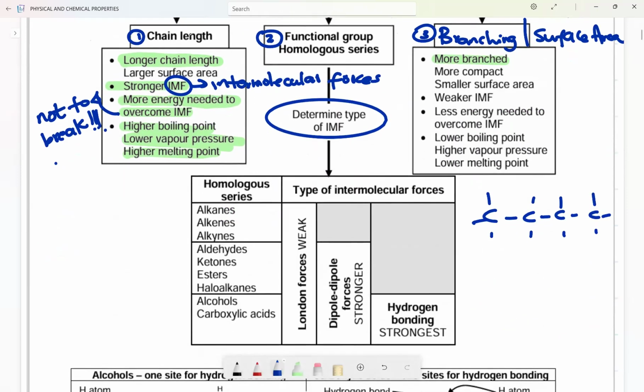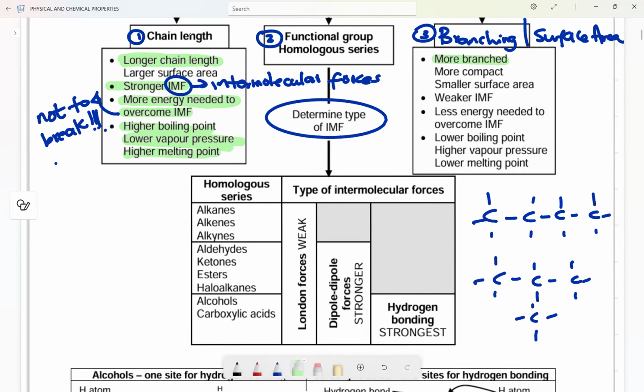If I take one carbon here and form a branch like this, what is happening to the length of this one? Can you see the length becomes smaller? So it affects our surface area, because if our chain length is longer, we have a larger surface area, right?